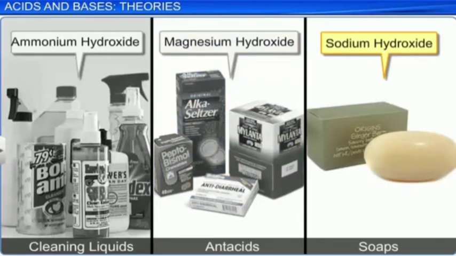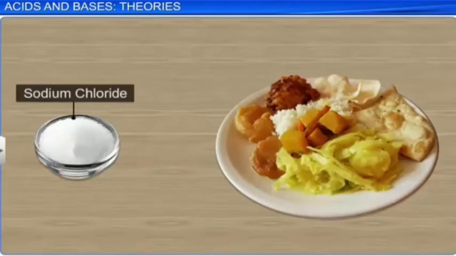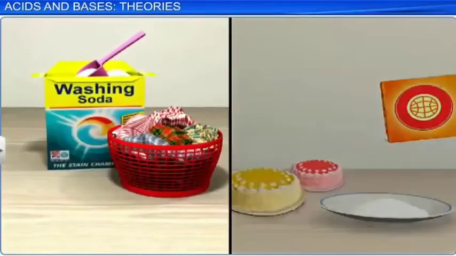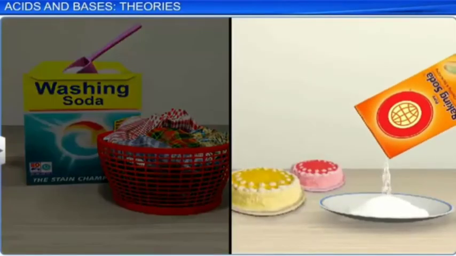Many compounds known to us may be classified as salts. The salt most familiar to all of us is sodium chloride, which forms an important component in our diet. Washing soda used for washing and baking soda used in baking of food items are other commonly used salts.